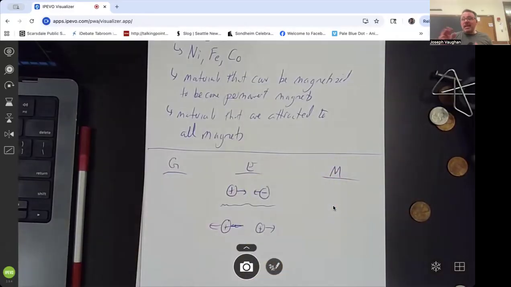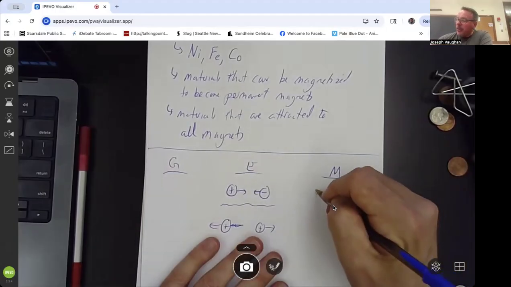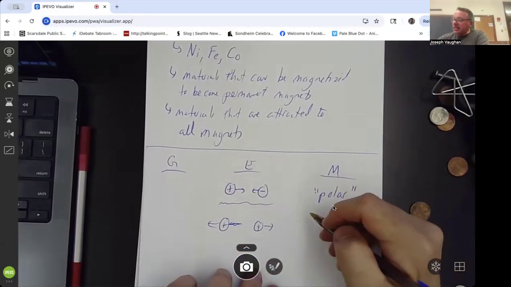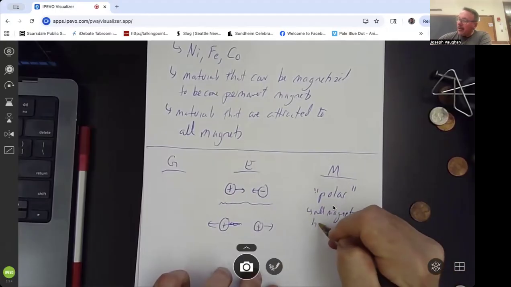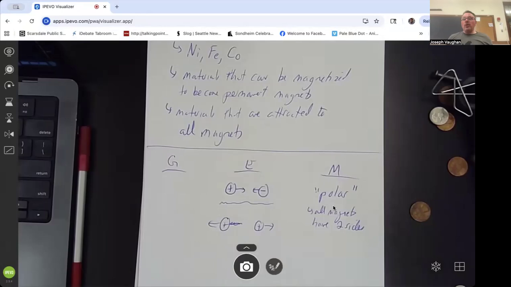And what we're going to say then is therefore magnets are what are known as polar, right? All magnets have two sides, right? And so the flavors that we're going to have with magnetism are not about positive, negative, but these two sides. Okay.